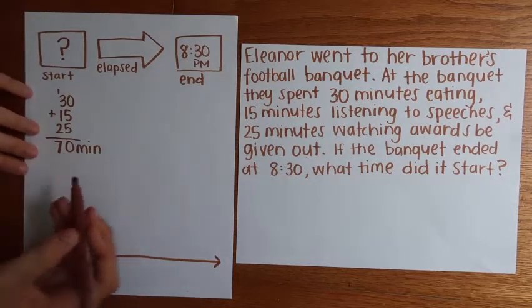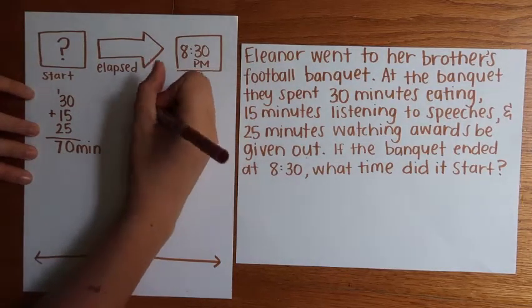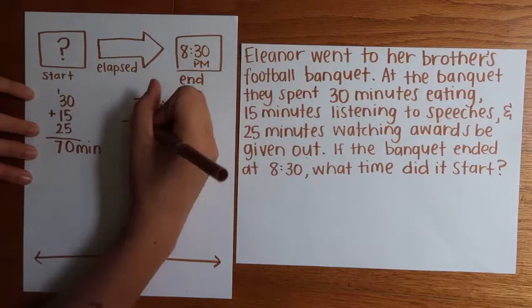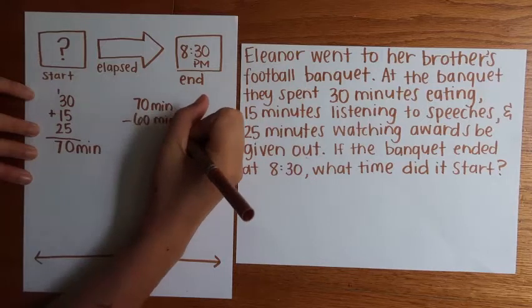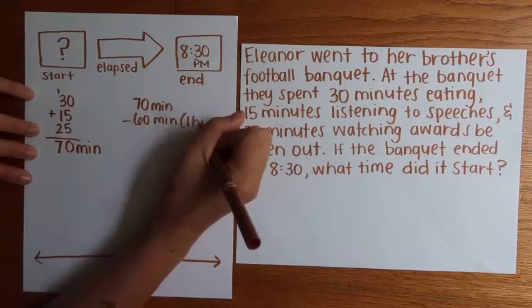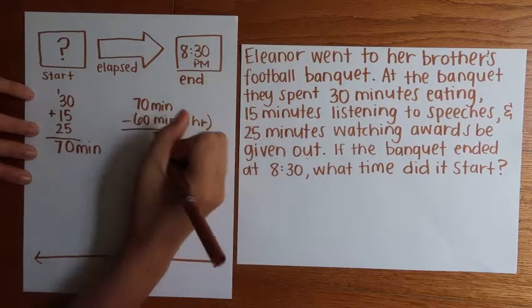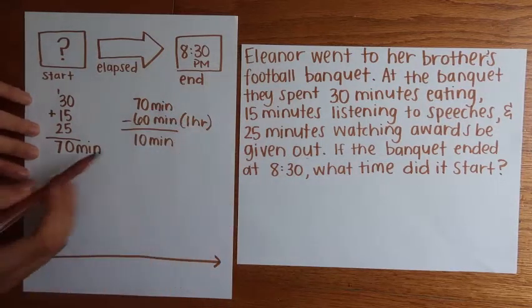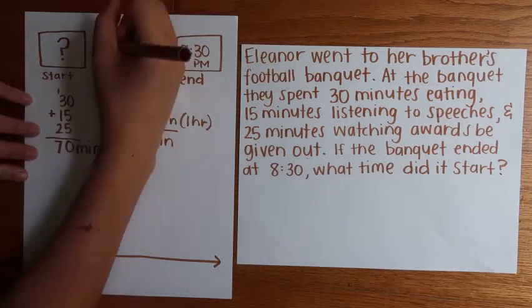So we got 70 minutes. If I take away 60 minutes, that's 1 hour. And that is going to leave me with 10 extra minutes. So that means that my elapsed time is going to be 1 hour and 10 minutes.